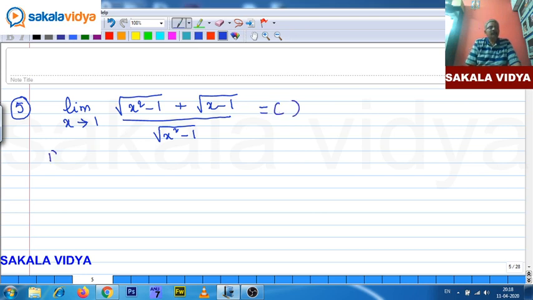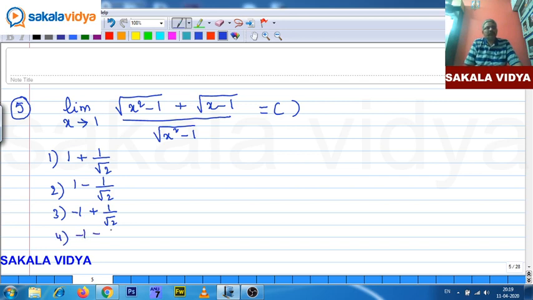So, now the first one is 1 plus 1 by root 2, second option is 1 minus 1 by root 2, third option is minus 1 plus 1 by root 2, fourth option is minus 1 by root 2. This is the question.